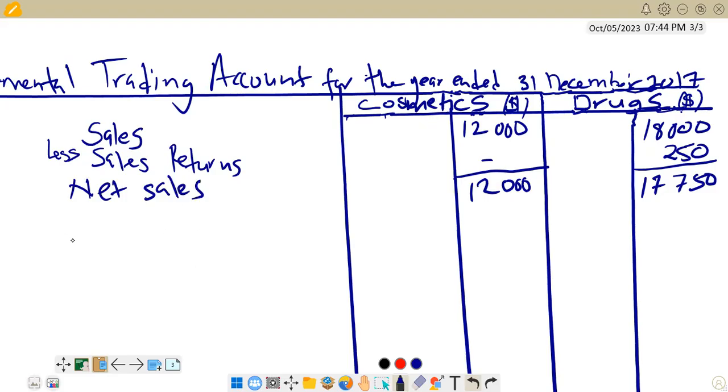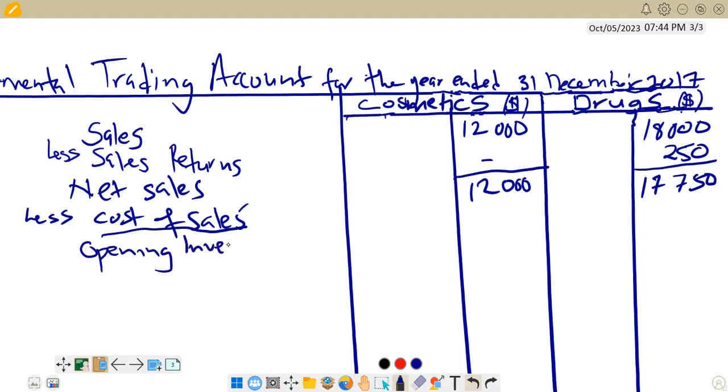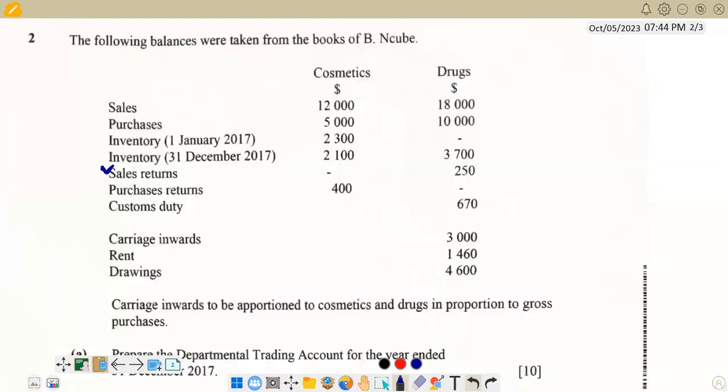Right. From there, now we go to less cost of sales. Under cost of sales, we know that we start with opening inventory. So we go back to the information we have and check the amount of inventory in the question.